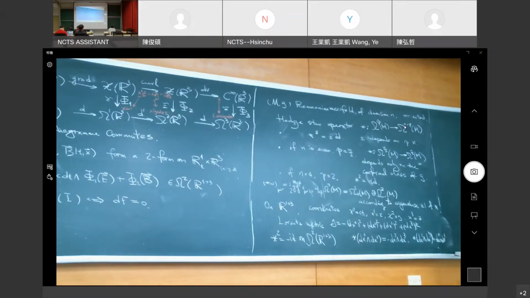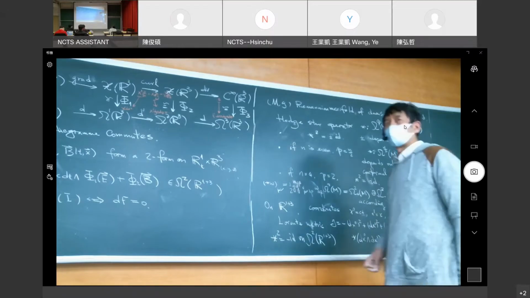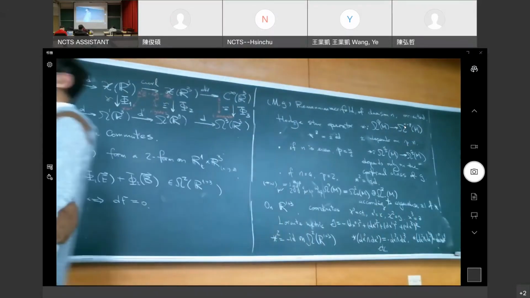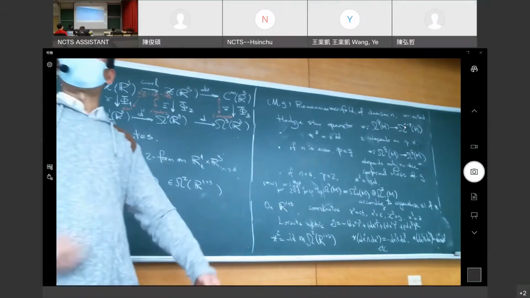Of course, everything is correct if you do cyclic permutations of 1, 2, 3, because 1, 2, 3 are symmetric. So this is about the Hodge star in 4 dimensions. Are there questions?